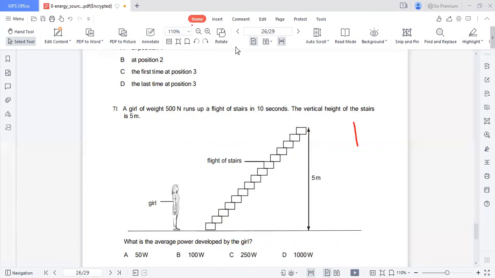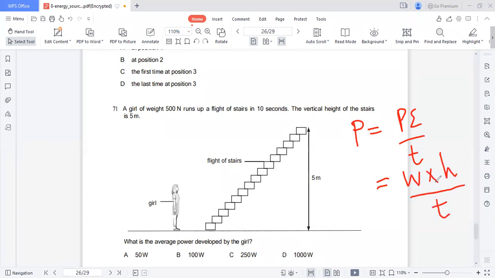So power, right now it's a potential energy case. So we can use potential energy over time. We know that potential energy is weight times height, over time. Weight is 500 newtons, height is 5 meters, and time taken is 10 seconds.